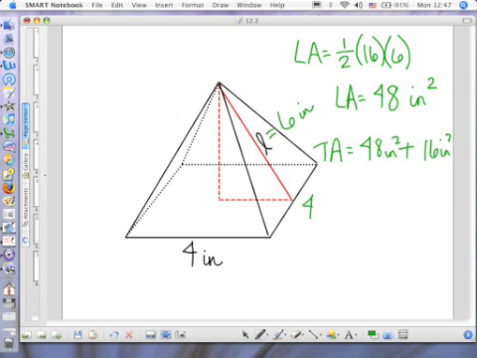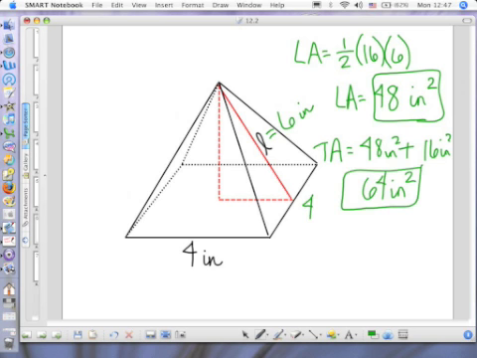Well, what's 48 plus 16? 64. So you have a lateral area of 48 square inches. You have a total area of 64 square inches. How did you get 16? Area of a square, 4 times 4, side squared.